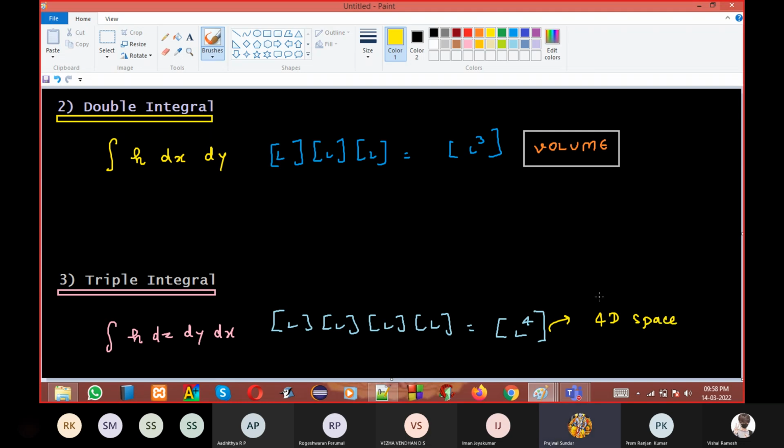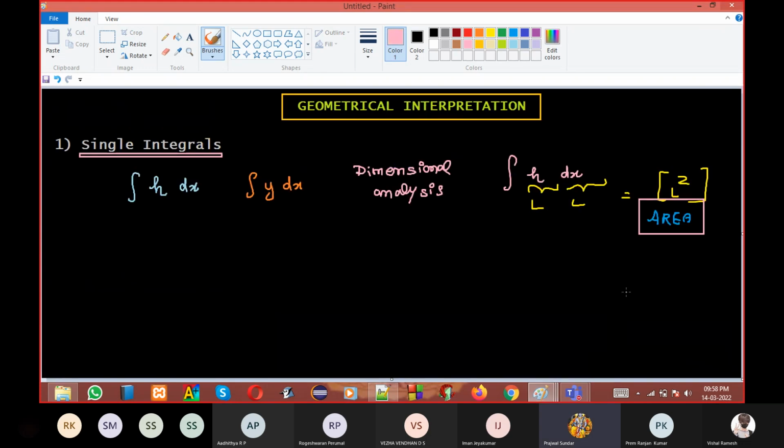We don't know the correct terminology to give, so we will not discuss terminology. Now come back to single integrals. In single integrals, dx is only the 1D part, and h is representing the 2D extender.